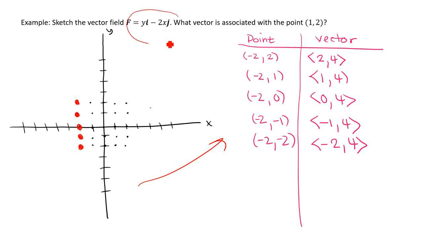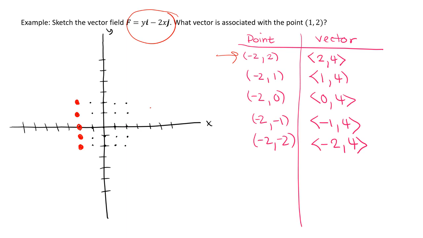To do that, I'm going to use the equation that they gave me. The first component of my vector is always the y value. So at the point (-2, 2), the y coordinate is 2, so I'm going to get 2, and then I take -2 times x. So -2 times -2 is 4. Then I went through and did that for the rest of these points.